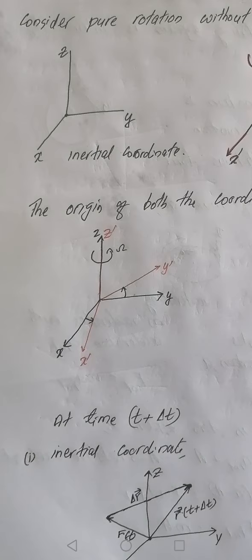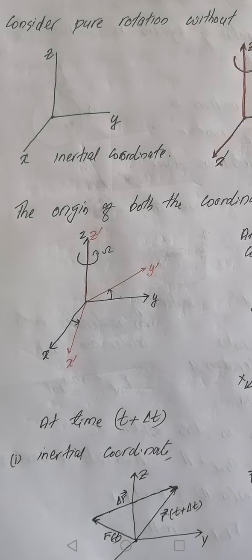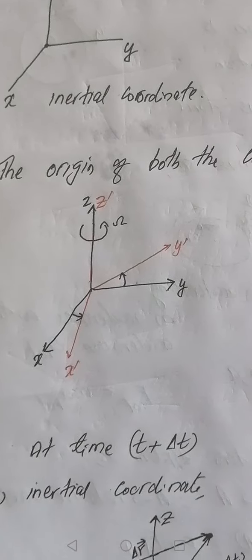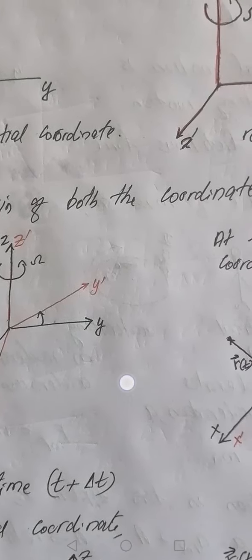So when you calculate the differential, you also need to calculate the change in the unit vectors. That is, you want to calculate d by dt of unit vector i, d by dt of unit vector j, and d by dt of unit vector k. This is the system when they have a common origin, or they coincide.